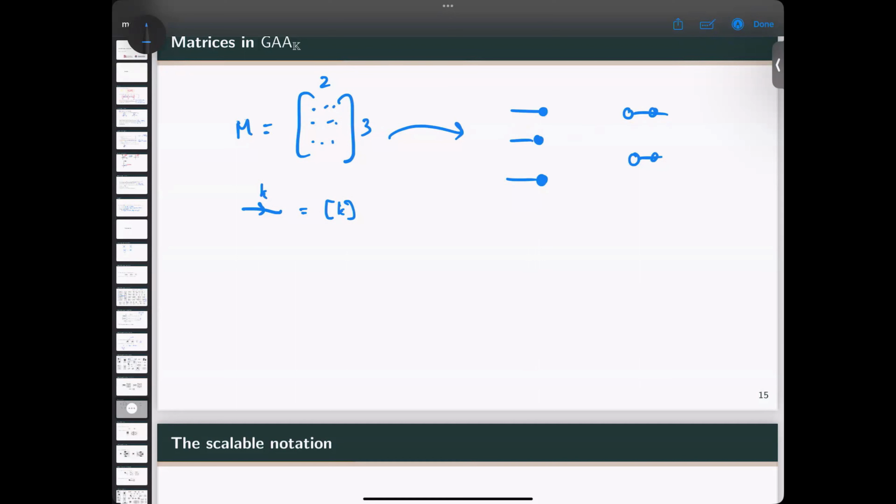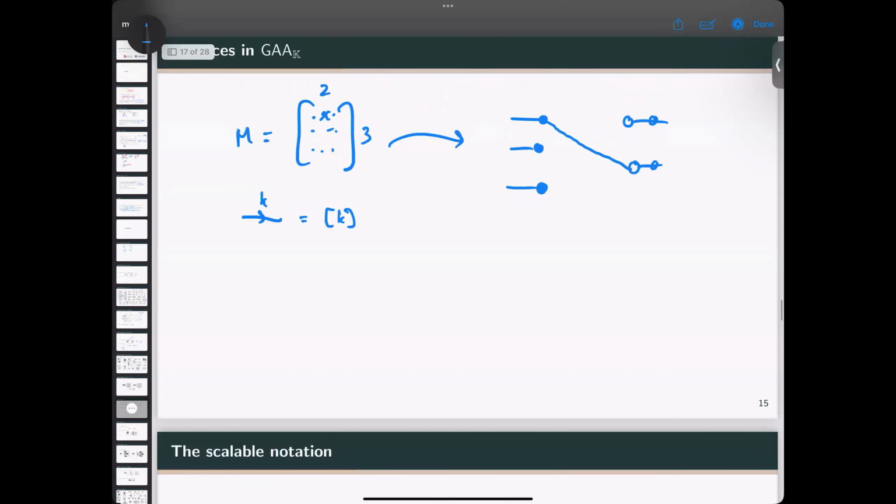Where if I have, say, an element here that goes from the first row into the second column, then this would correspond to a wire between the corresponding inputs and outputs of my overall diagram, carrying the corresponding multiplier. And in this way, I get a representation of my matrix internal to GAA.